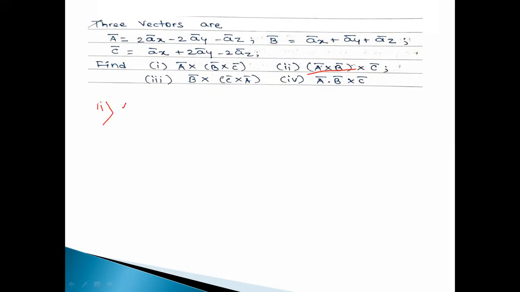So first, a bar cross b bar. Find this a bar cross b bar. It is equal to, in determinant, the unit vectors first, that is a bar x, a bar y, a bar z, and the coefficients of a bar are plus 2, minus 2, and minus 1.